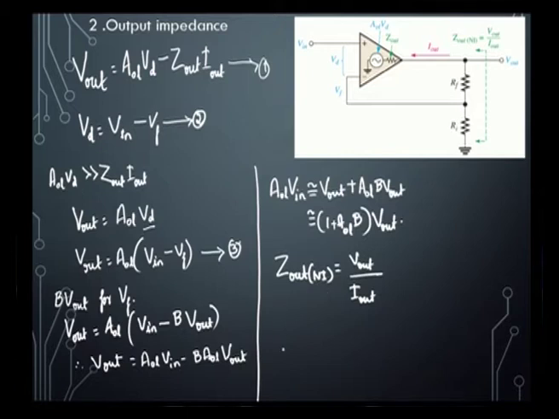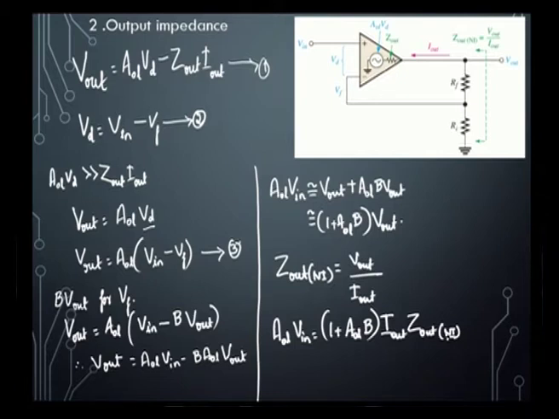So, therefore, AOL V in is equal to 1 plus B Z out of Ni, that is the non-inverting amplifier, divided by I out.